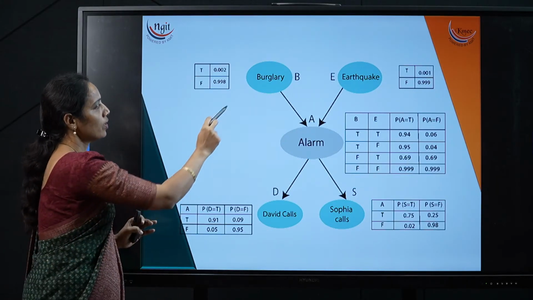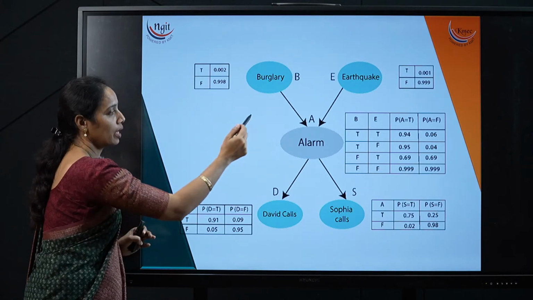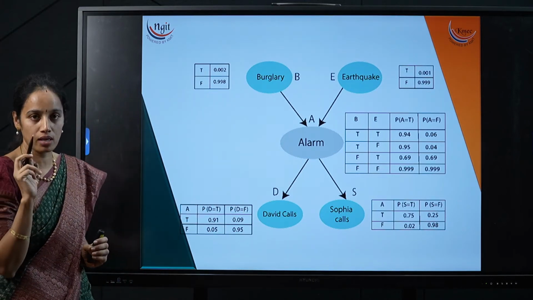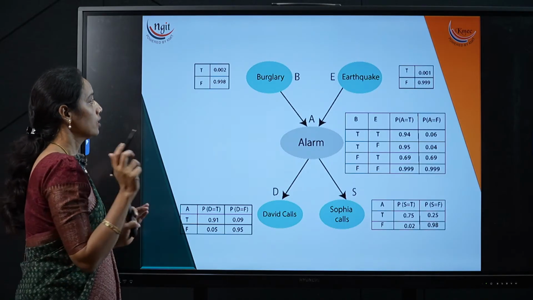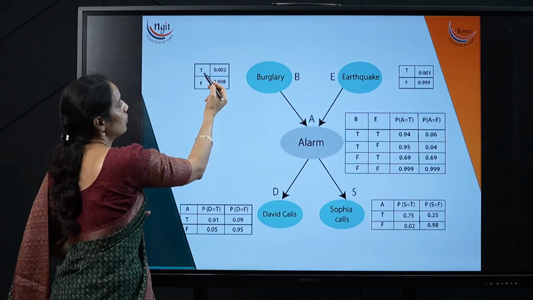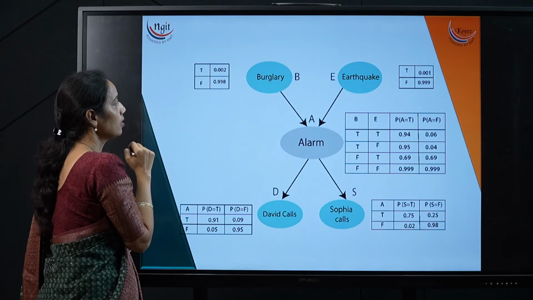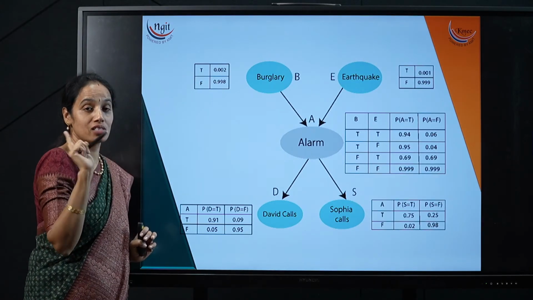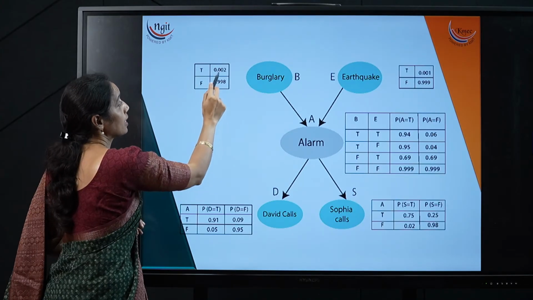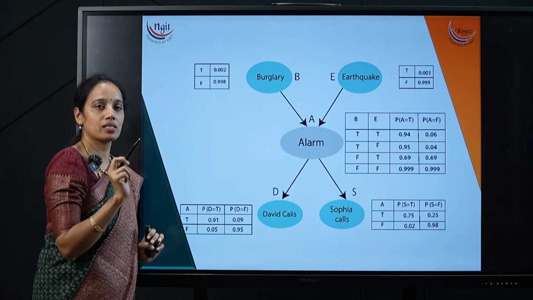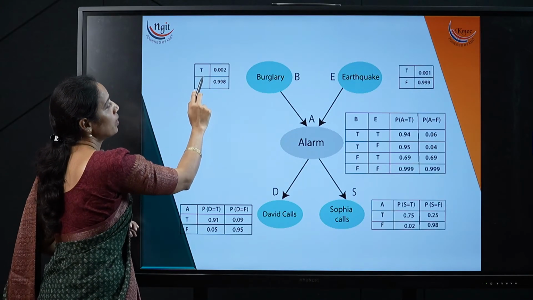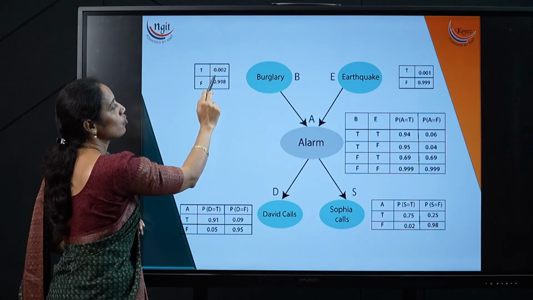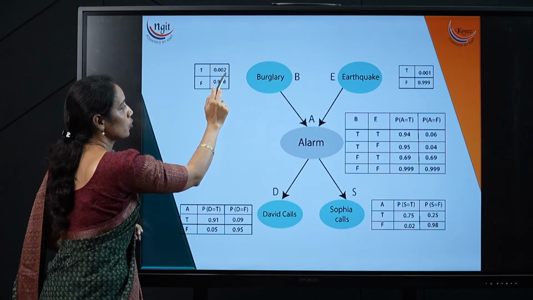And see here, for each node there is a table. That table we generally call a conditional probability table. Here we have true and false values, and when we add them, they should equal 1. That is one condition for the conditional probability table in a Bayesian network. So the probability there is a burglary is 0.002.